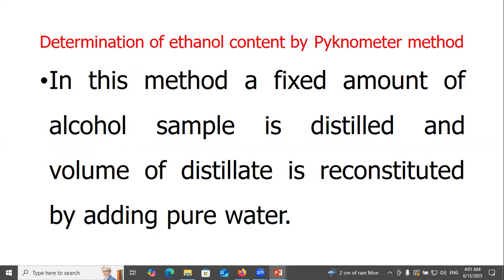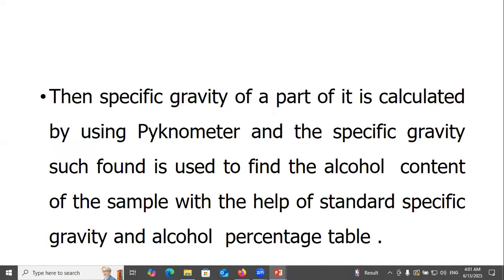Determination of ethanol content by pycnometer method. In this method, a fixed amount of alcohol sample is distilled and the volume of distillate is reconstituted by adding pure water. Then the specific gravity of a part of it is calculated using a pycnometer, and the specific gravity found is used to find the alcohol content of the sample with the help of a standard specific gravity and alcohol percentage table.